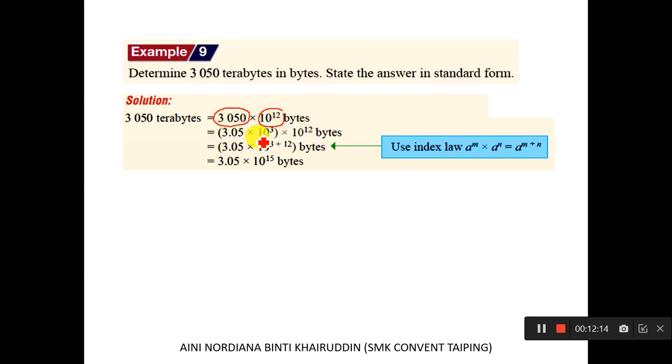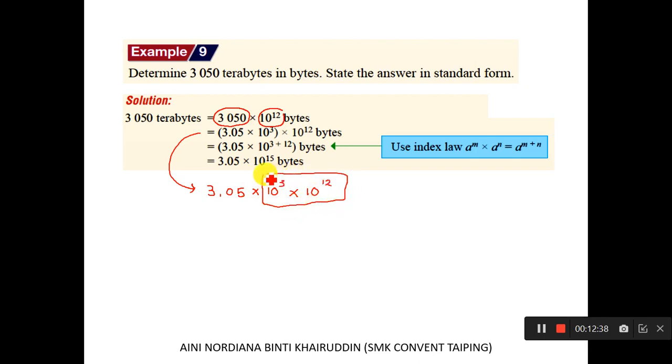We change to standard form. Okay, so now it becomes, I write here so that it is easier for you to understand. 3.05 times 10 to the power of 3 times 10 to the power of 12. Okay, remember this?